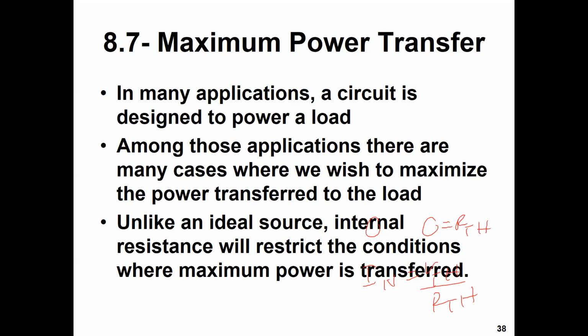Unlike an ideal source, internal resistance will restrict the conditions where maximum power is transferred. Now, why do we need to maximize the power transfer? Because this is the optimal design, to be able to transfer as much power as possible from the source to the load.